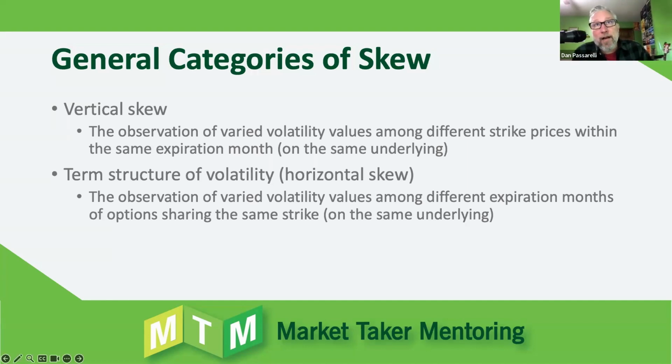And term structure of volatility, which is just a fancier way of saying horizontal skew or time skew, is the observation of varied volatility values among different expirations of options sharing the same strike on the same underlying.